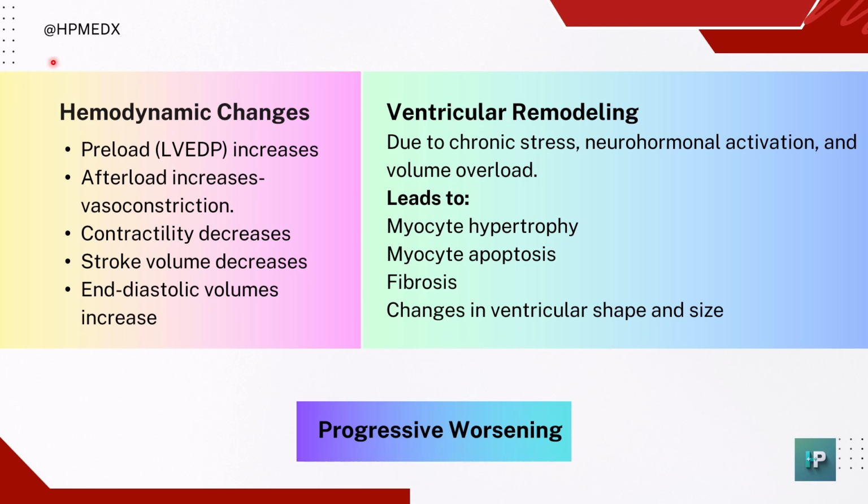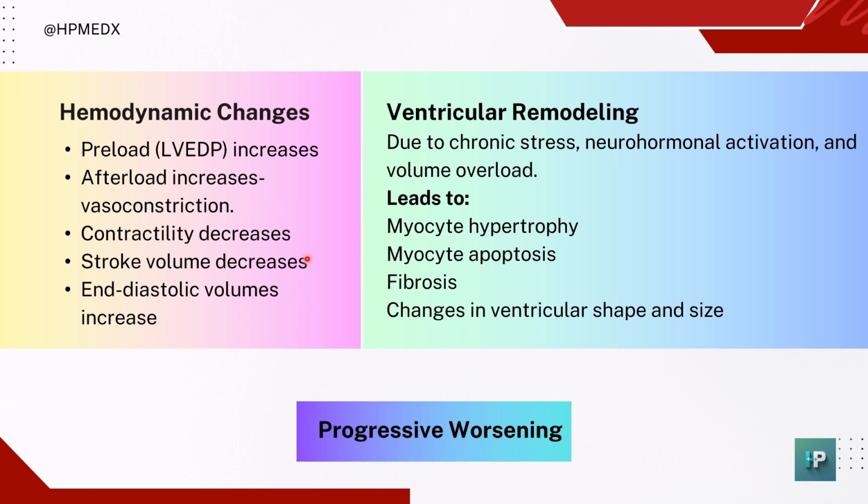And then the hemodynamic changes which happen because of neurohormonal changes. Here you can see increase in preload, it's because there is increase in the volume, and then afterload increases, it's because of vasoconstriction, and contractility decreases, and stroke volume decreases, and end diastolic volume increases.